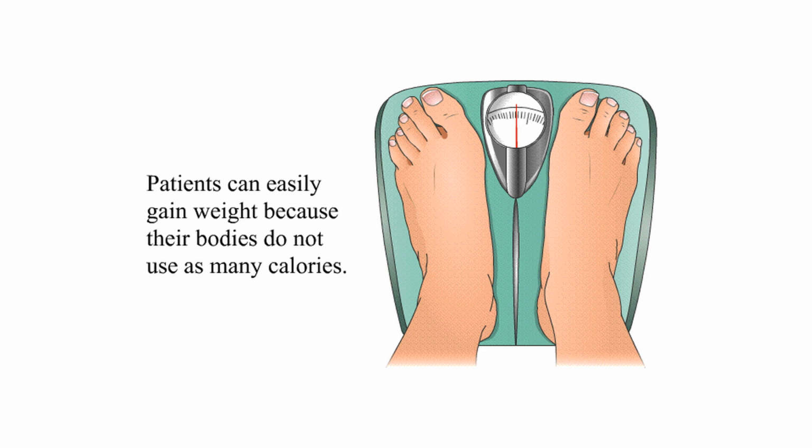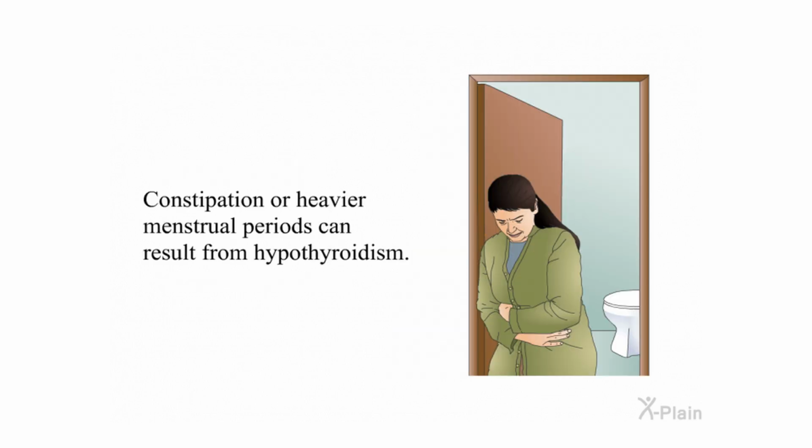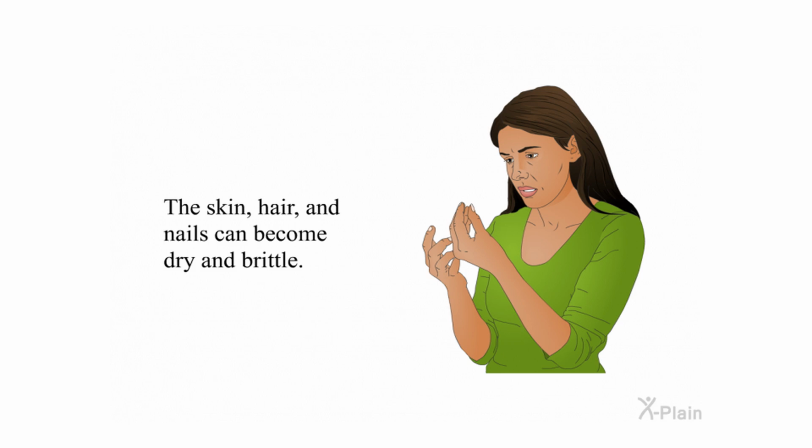Patients can easily gain weight because their bodies do not use as many calories. Patients may feel cold because it is more difficult for them to keep their normal temperature. Constipation or heavier menstrual periods can result from hypothyroidism. The skin, hair, and nails can become dry and brittle.